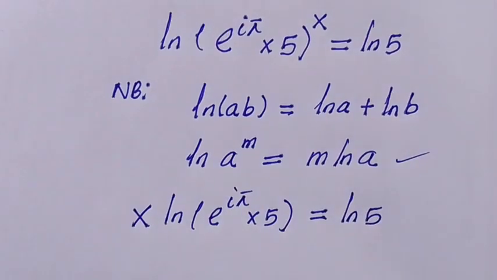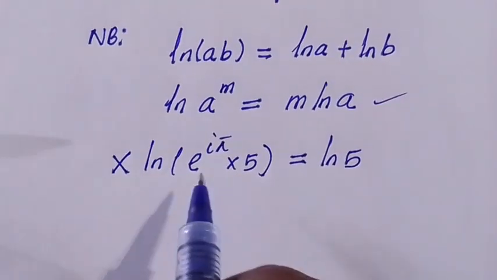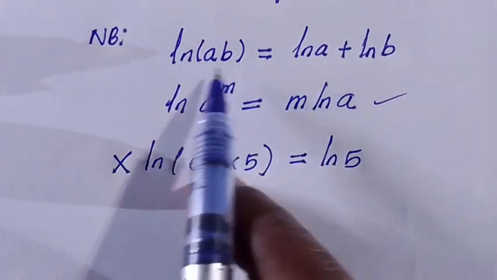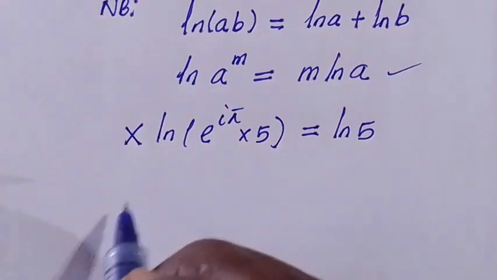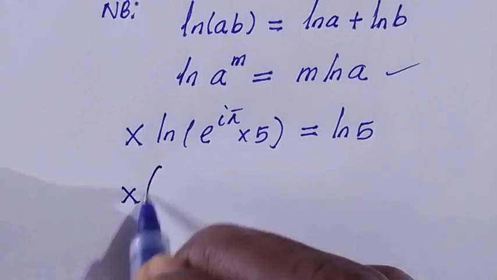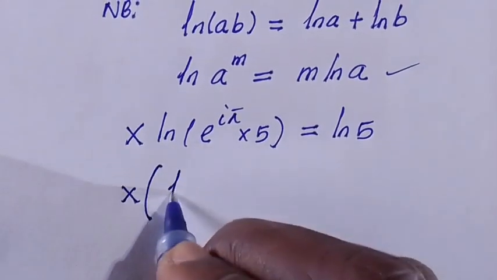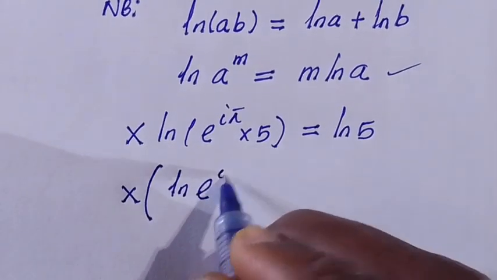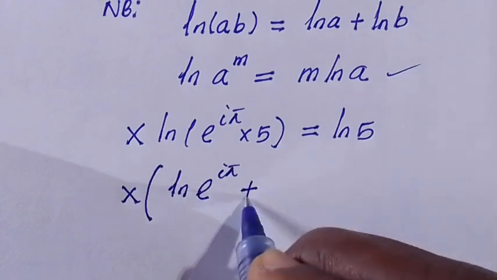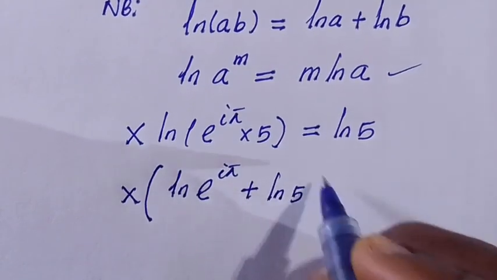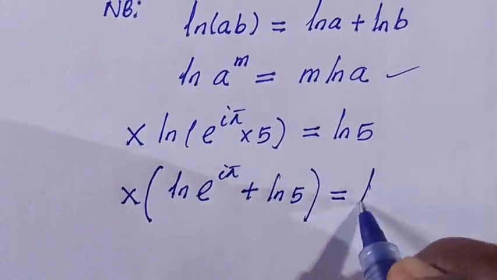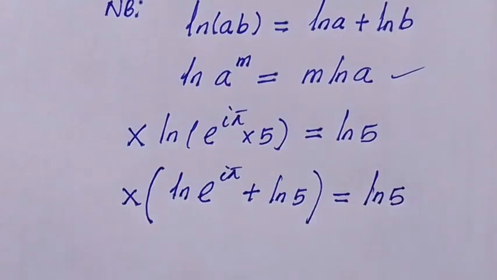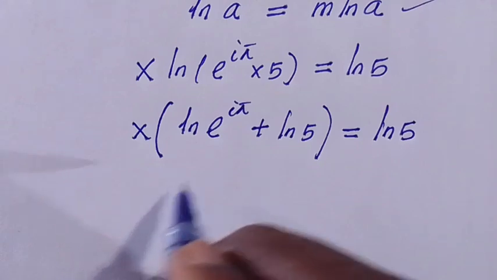equals ln 5. And then by applying the first property here, we change this one to x into bracket of ln e to the power of i pi plus ln 5 equals ln 5.